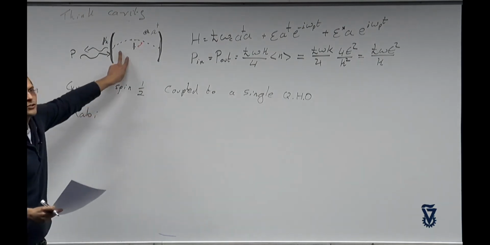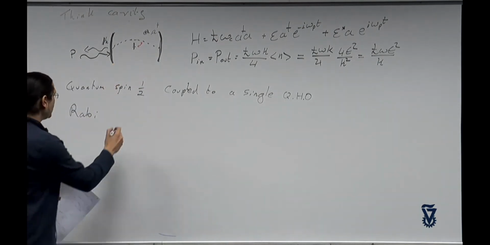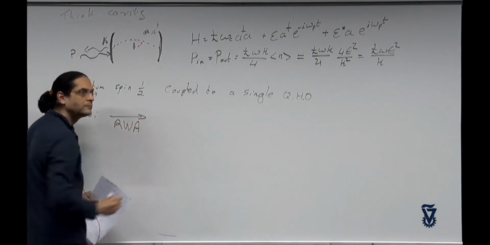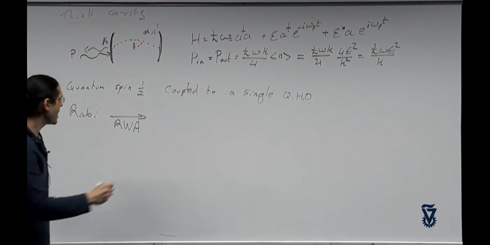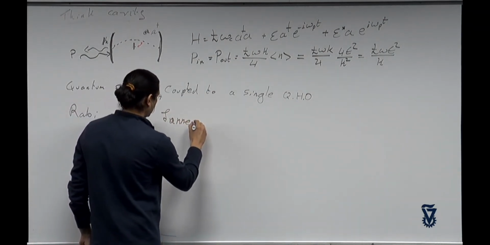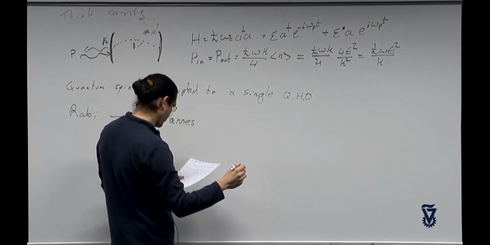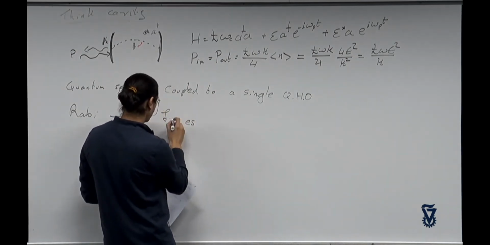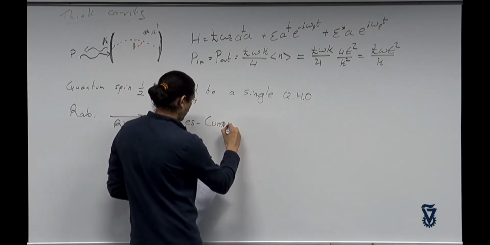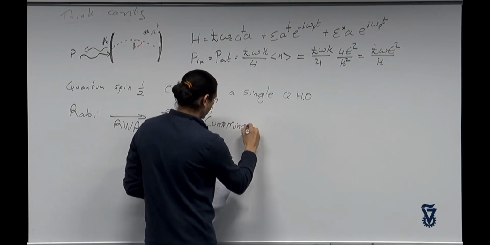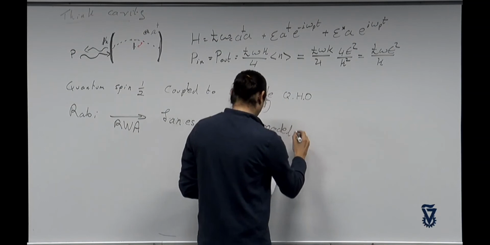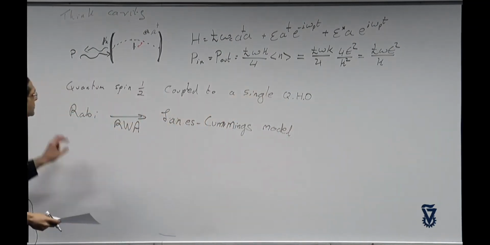This is the model that describes this. And then we're going to take something that is called the rotating wave approximation, and we're going to arrive at what is called the Jaynes-Cummings model. Jaynes, with one N. So this is our plan.